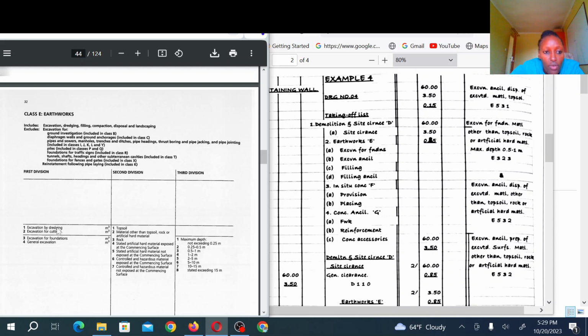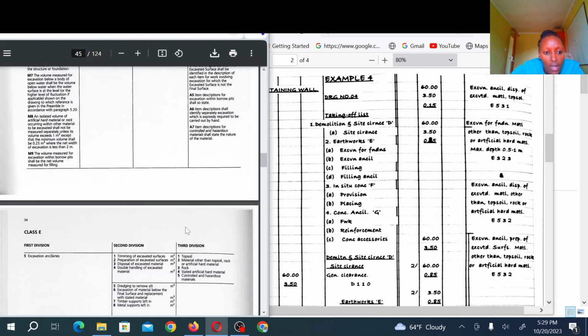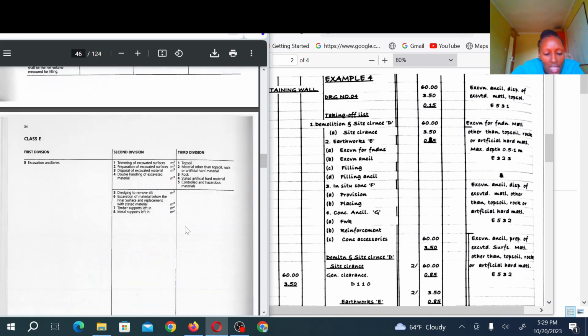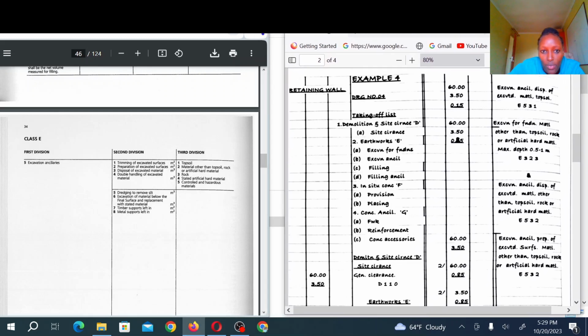So if you go to class E, on page 34 there is excavation auxiliaries. I hope this is very visible. Let me try to make it as visible as possible.